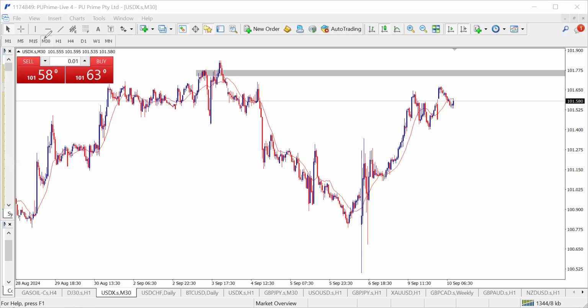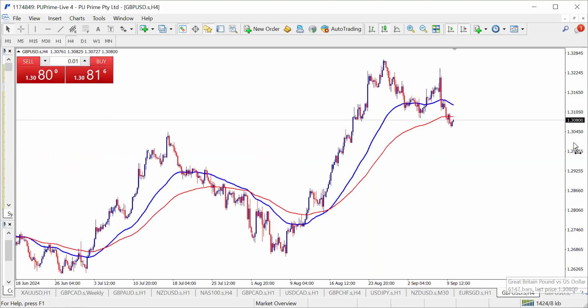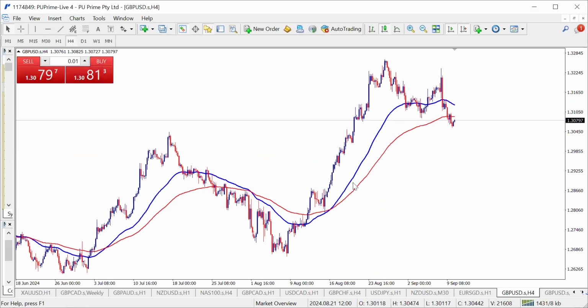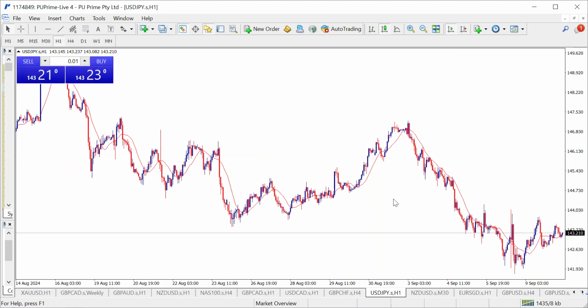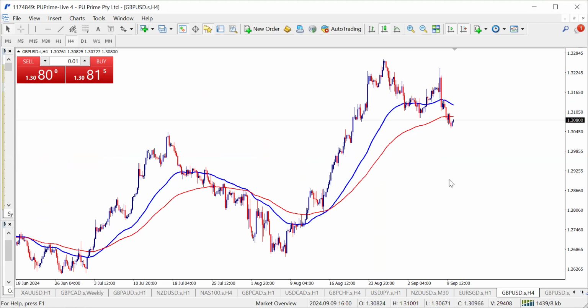So let's go to GBP USD. I'm going to start off from the 4 hours time frame. From the 4 hours time frame, we can clearly see how bullish the market is.